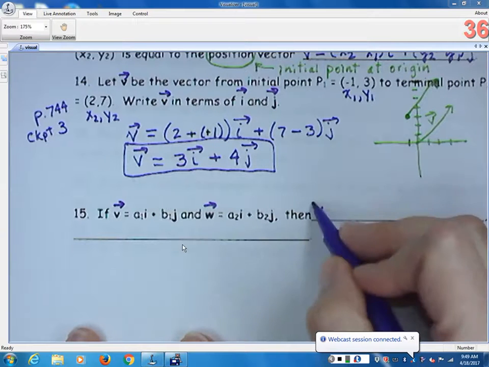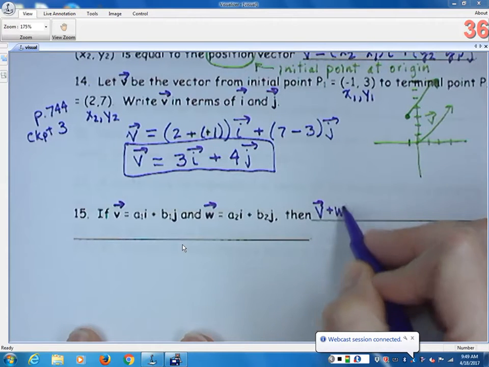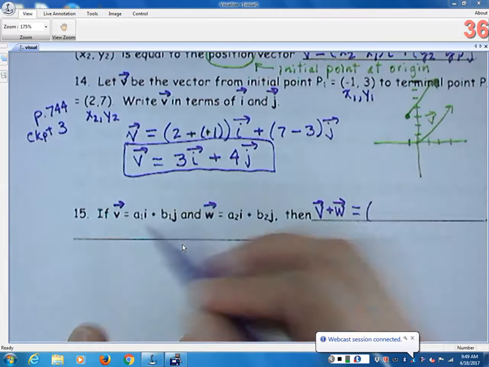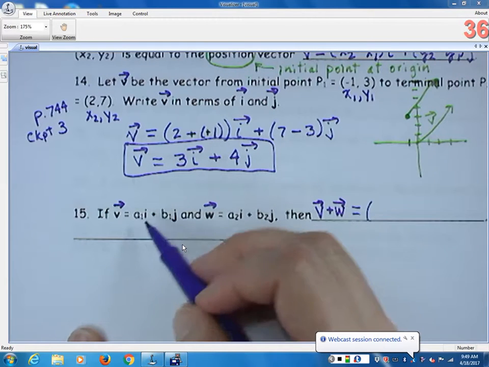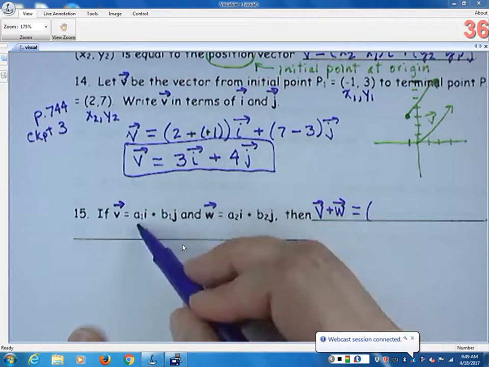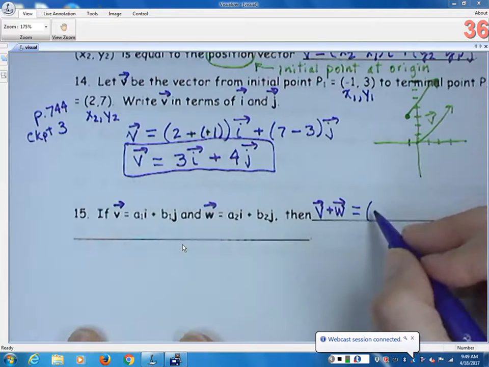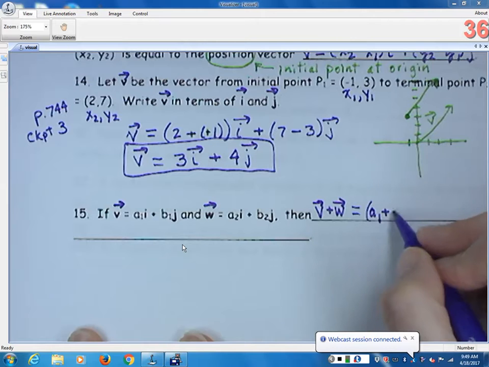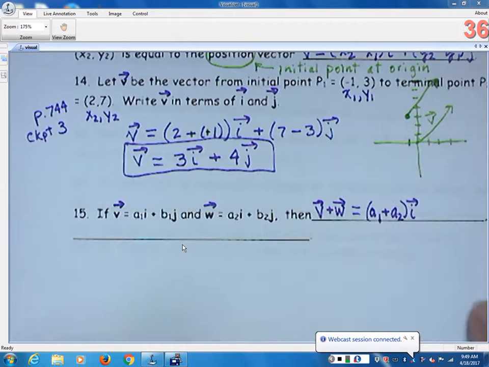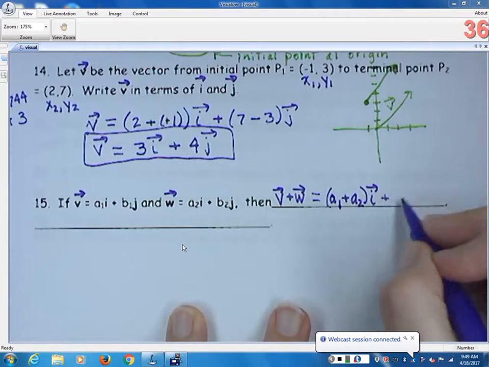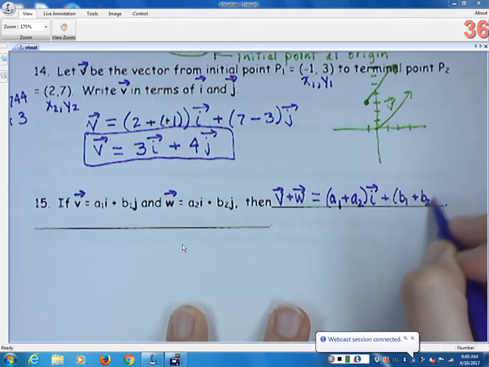V plus W equals, you just add the scalars in front of I, the unit vector I, so it's A1 plus A2 I plus B1 plus B2 J.